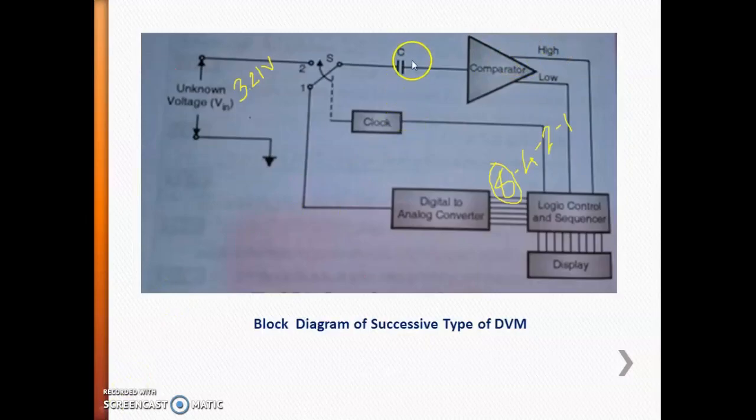Now let's come back to our previous case. Here the capacitor C was already charged to 8 volt and the input voltage is 3.21 volt.